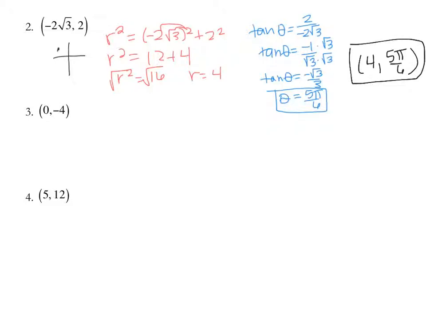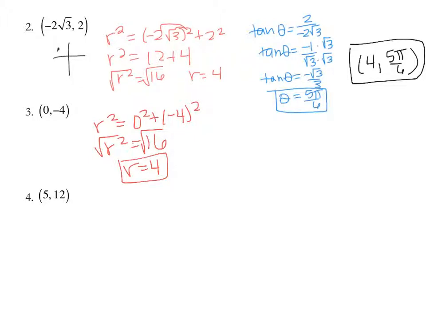Number 3, we can use the same formula. R squared is equal to 0 squared plus negative 4 squared. R squared then is just equal to 16 because the 0 is going to drop out, and the radius is going to be 4. And then we have to find theta, so we're going to use tangent. Tangent of theta is equal to y over x, so you get negative 4 over 0. And that tells me tangent theta is equal to, since 0 is on the bottom, undefined.